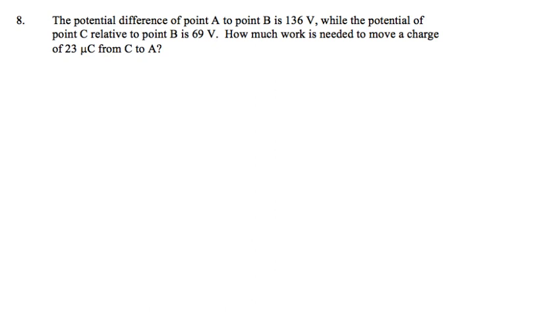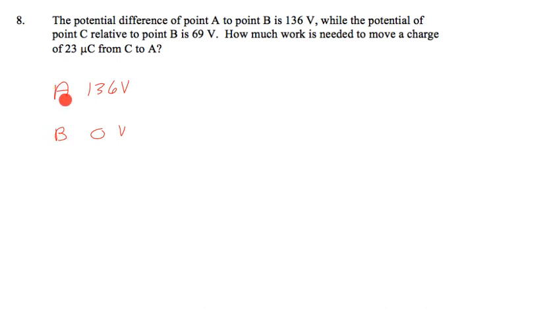That means if I'm stacking them and putting the higher one at a higher level on the board, if A to B is 136, then I am going to say that A is 136 and B is 0. Because A to B is 136. If B to A was 136, then B would be up there and A would be there.